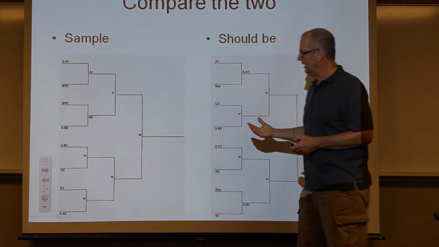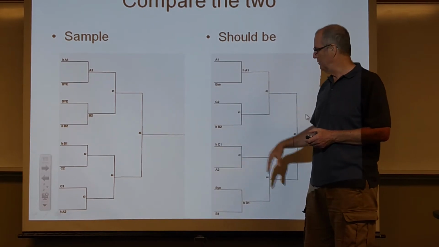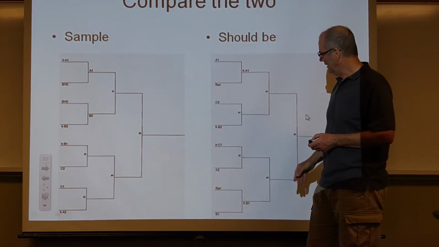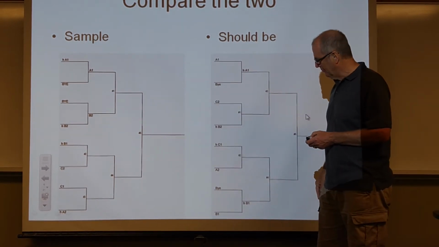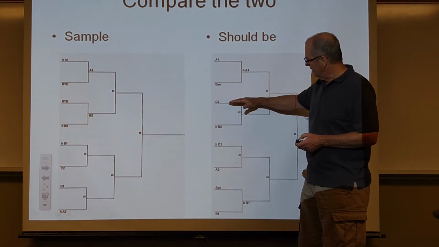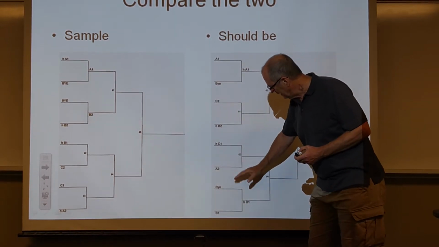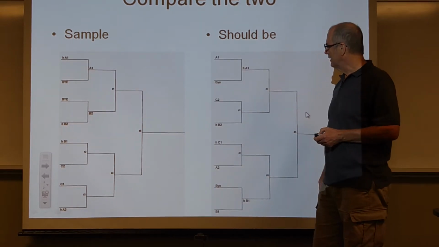So they should also be getting a bye because in this case there are 6 teams, so the top 2 should be getting a bye. So C1 plays A2, C2 plays B2. The other thing you'll notice is that there's an A and a C and a B here, and an A and a B and a C here, so we've separated out the different pools.